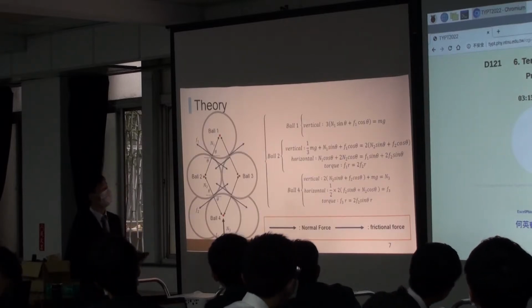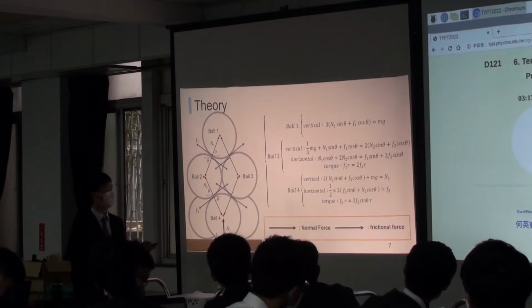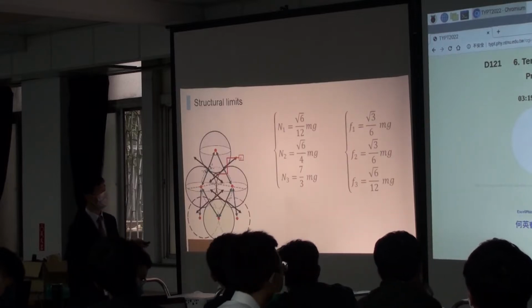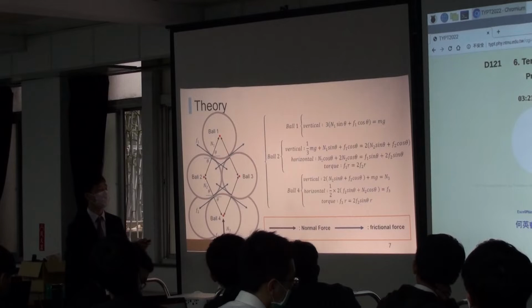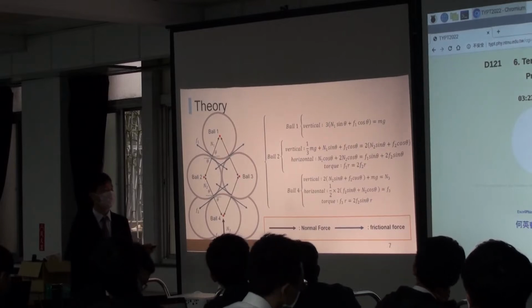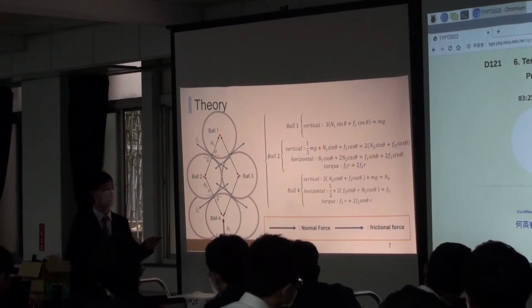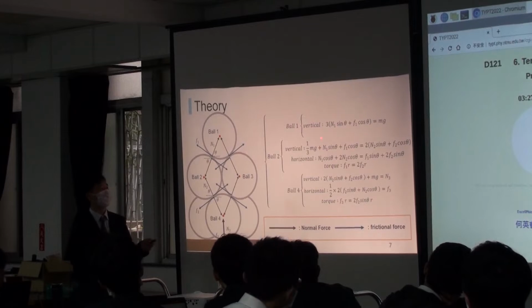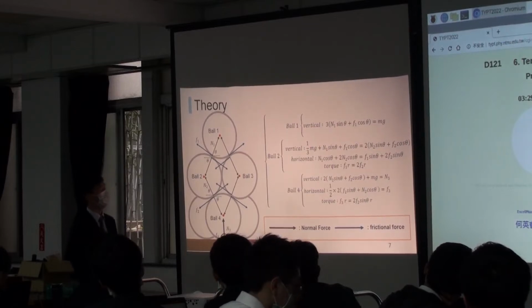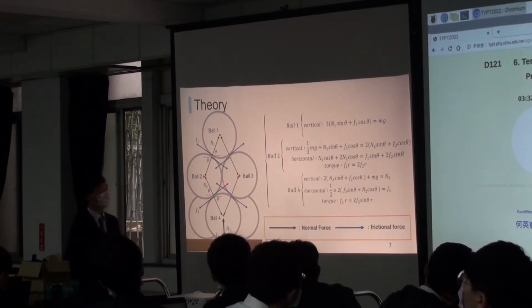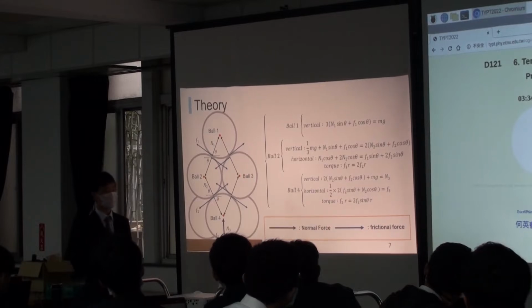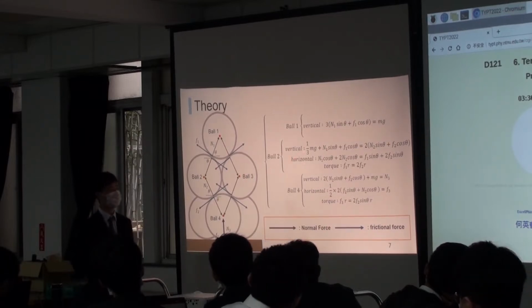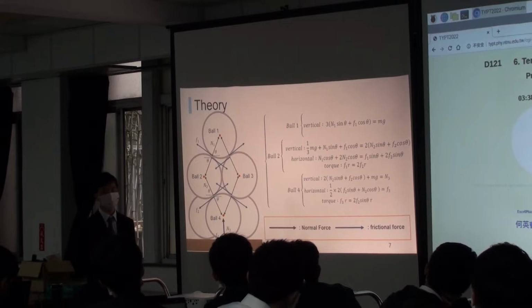And when we look at the structure of three layers, we can see that the vertical force of O1 still looks like this, because it is supported by these 3 normal forces. And so the 2 vertical forces look like this, and the horizontal force looks like this.